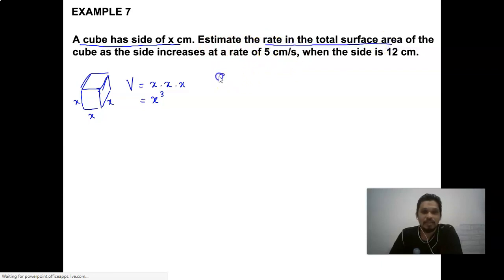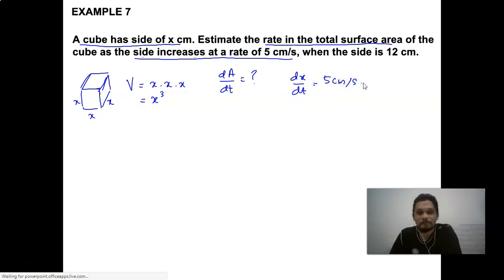If I define this as dA/dt, the rate has something to do with time, the total surface area of a cube, and the side increases at a rate of 5 cm per second. So I define dx/dt equals 5 centimeters per second, where the side is 12.